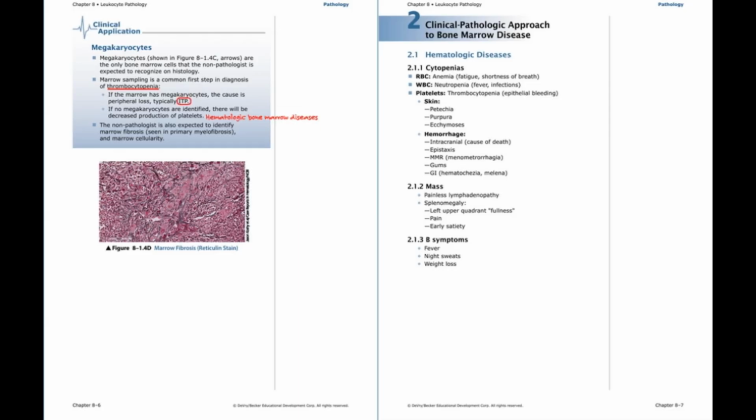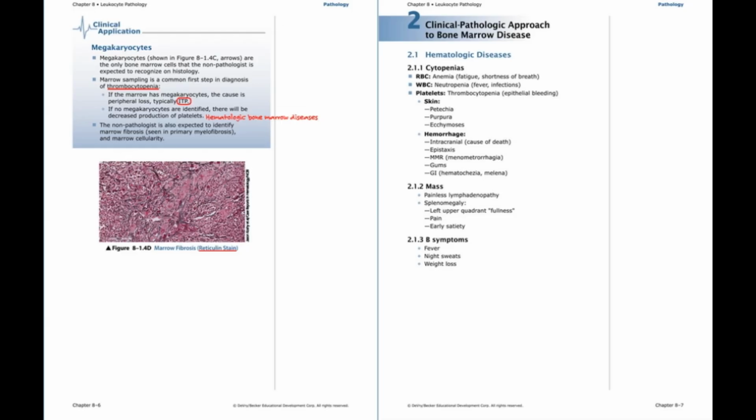Remember, in addition to identifying cellularity and megakaryocytes, the medical student should also be able to recognize fibrosis. Figure 1.4d gives a really nice example of that. The stain we do for this kind of fibrosis is classically a reticulin stain, which makes the collagen black. Normal bone marrow should have basically no detectable collagen.